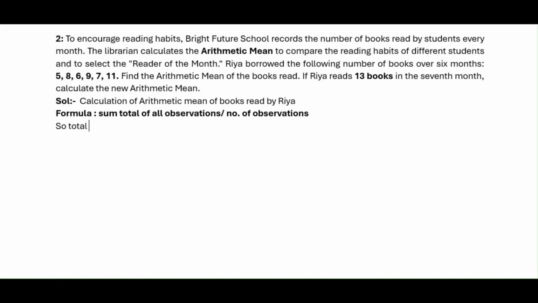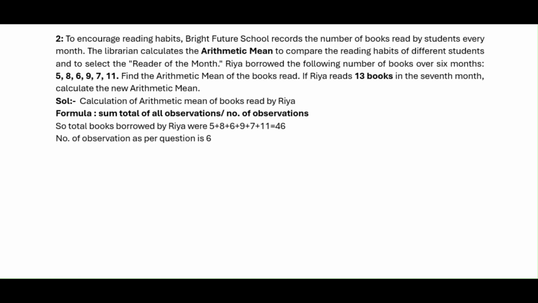So total books borrowed by Ria were 5 plus 8 plus 6 plus 9 plus 7 plus 11, which is equal to 46, whereas the total number of observations as per the question is 6, being 6 months she has read this number of books.